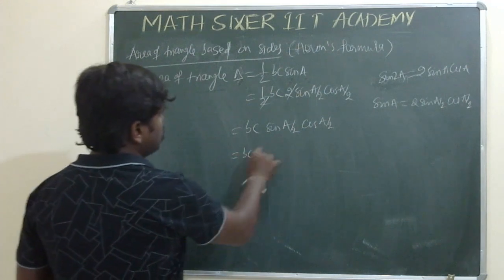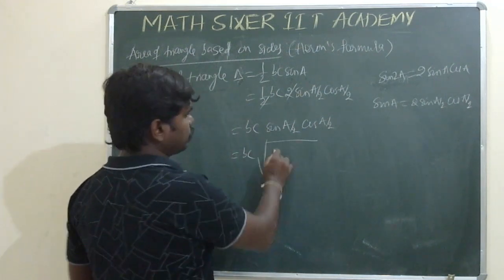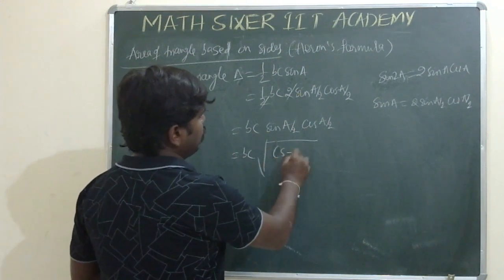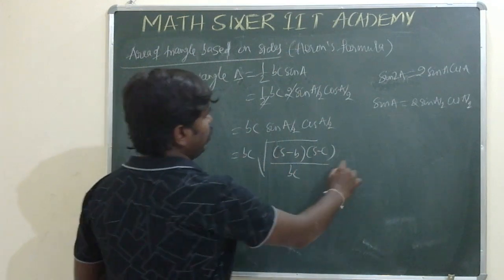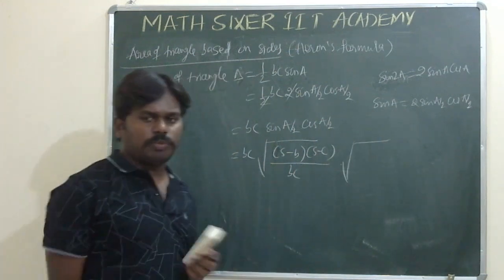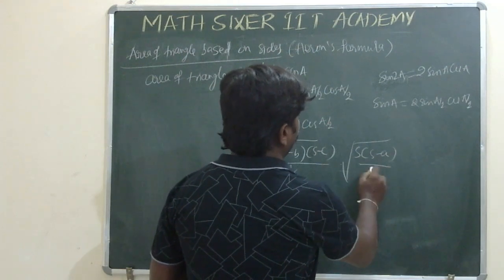So here BC into sin A by 2 is the square root of s minus b into s minus c divided by bc, into cos A by 2, which is the square root of s into s minus a by bc.